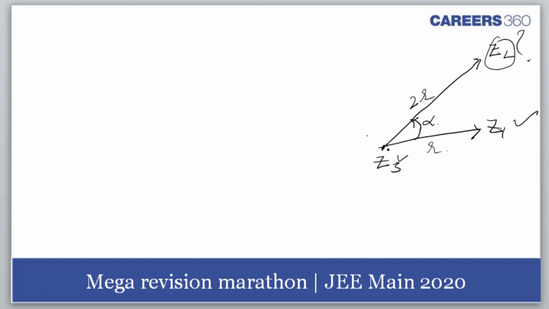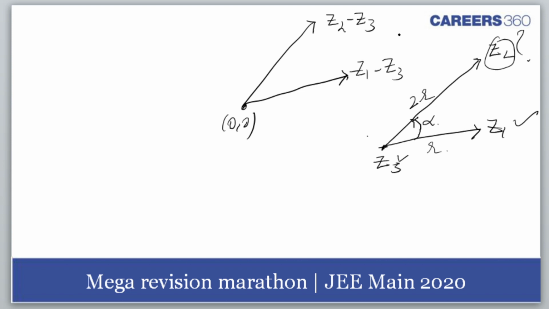So I'll make use of shifting of the origin. This point I'll make as origin, and this point I'll make as Z1 minus Z3. Similarly, here it would be Z2 minus Z3. So I'll change the whole scenario. That's shifting of origin, or you may say writing it in terms of position vectors.